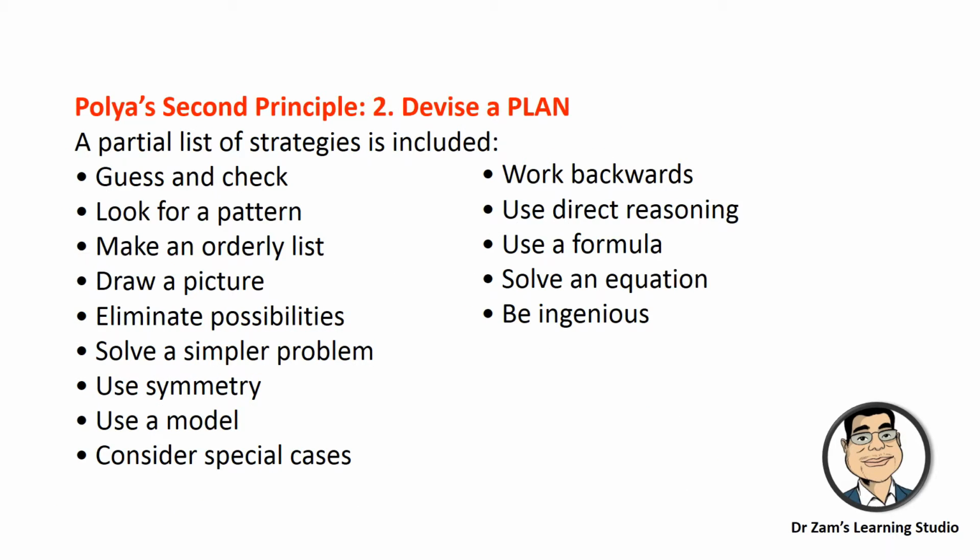All right. So Polya's second principle or the second step is he said you have to come out with a plan. So after you understand the problem, what is it? You have to come out with a plan. So basically, he gave this list of strategies to solve problems. Basically, these strategies are a systematic way of solving a problem, right? Like guess and check.